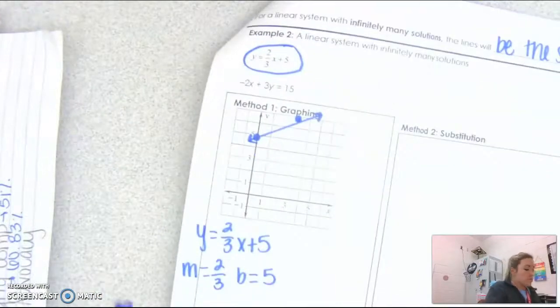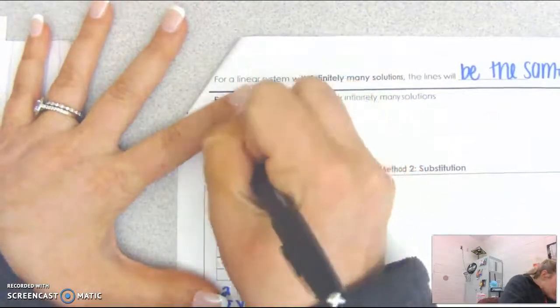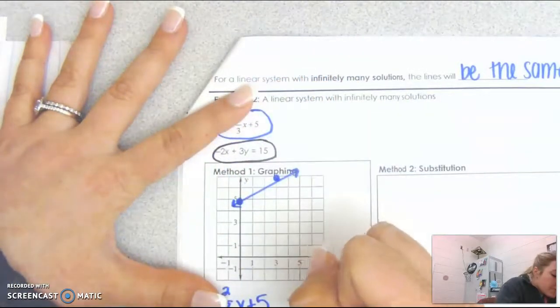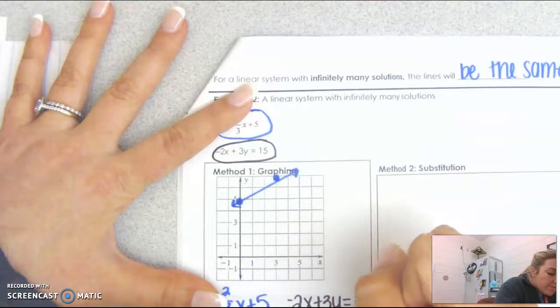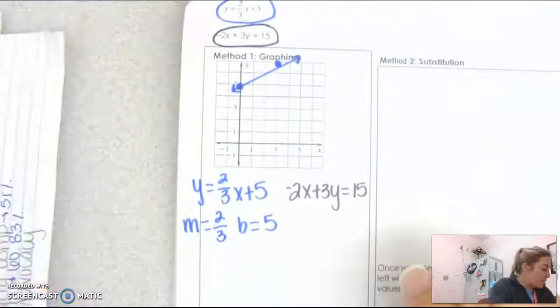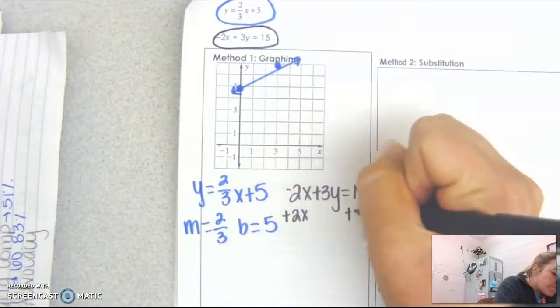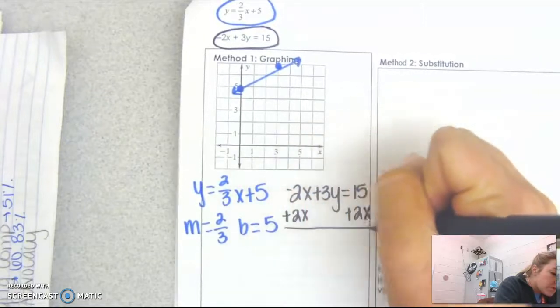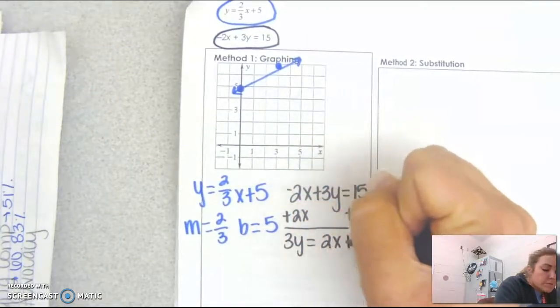I'm going to do the same thing for my second equation. I have negative 2x plus 3y equals 15. I want to get y by itself, so I'm going to add the 2x over. I have 3y equals 2x plus 15.